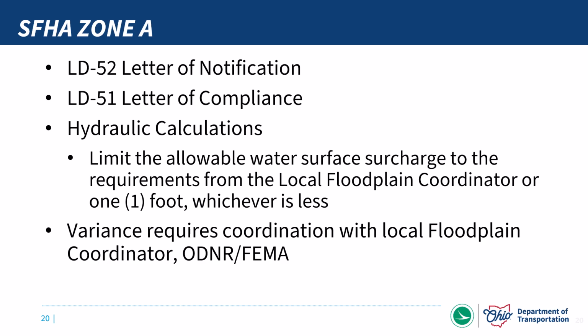What we need to do is send a letter of notification to the floodplain manager and then a letter of compliance after we have complied. And we need to do hydraulic calculations. This limits the allowable water surface surcharge to 1 foot, or the local floodplain coordinator will tell you if theirs is less. And if there are any variances, they require coordination with the local floodplain coordinator.